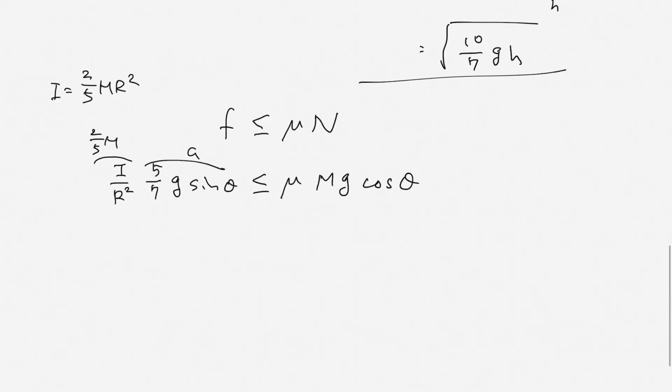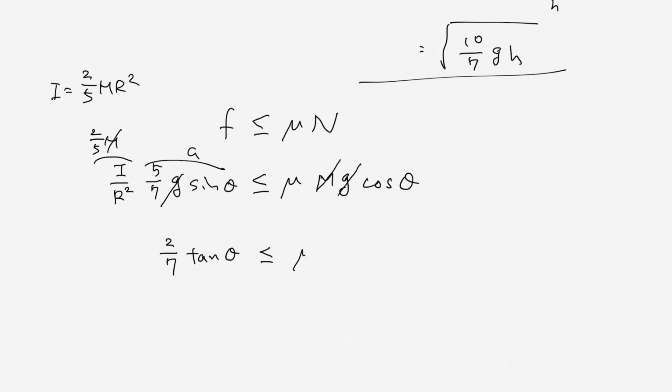Then you can calculate: this becomes 2 over 7 tangent theta, because g is cancelled out on both sides, and m is cancelled out on both sides.